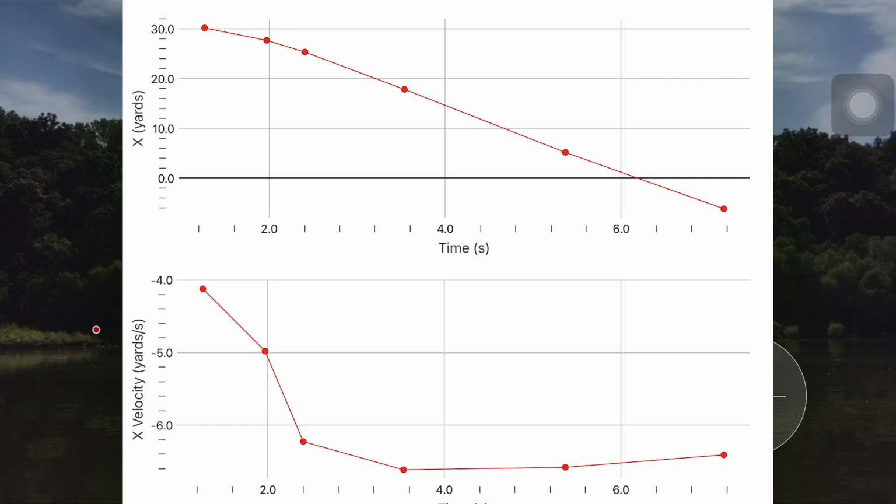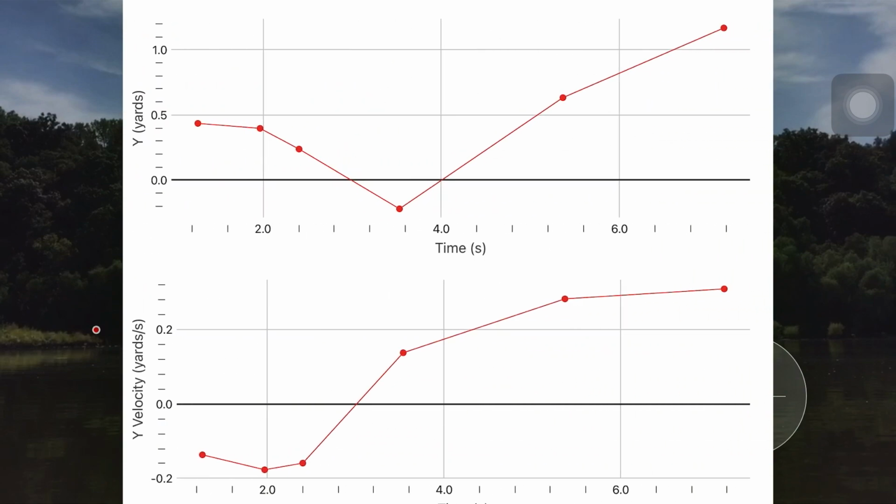It's y versus x, so I'm just going to swipe and head to the x graphs. All right, I'm going to just take a peek at the Y ones here by swiping, and those really aren't so interesting because it's the dimension we're not moving in. We're moving in the X dimension in this 1D motion video. So I'm going to go back to the X ones.